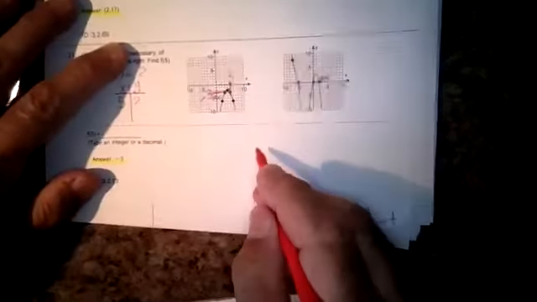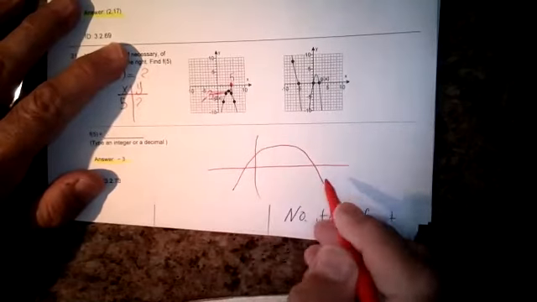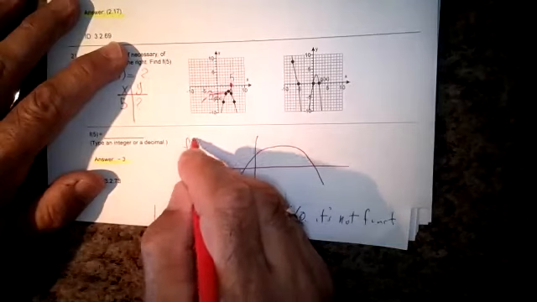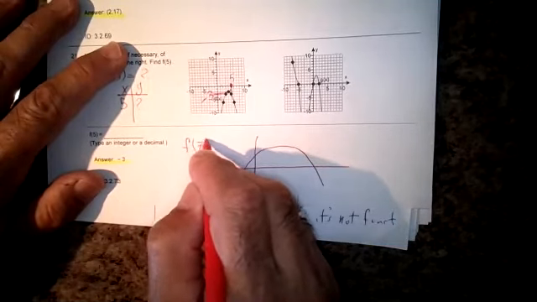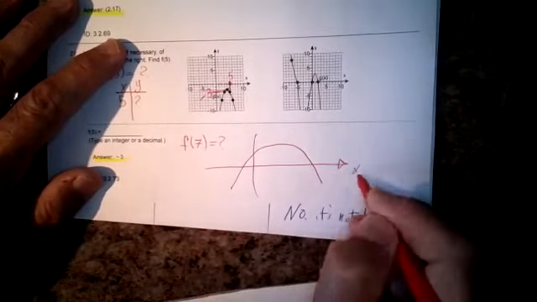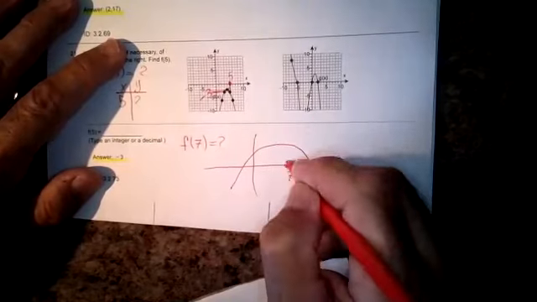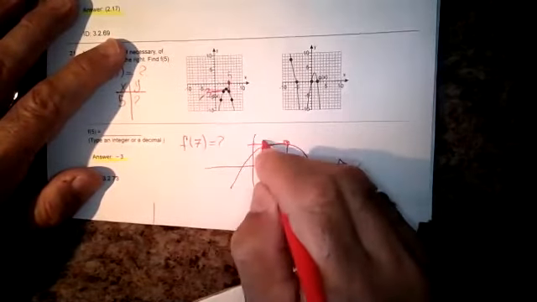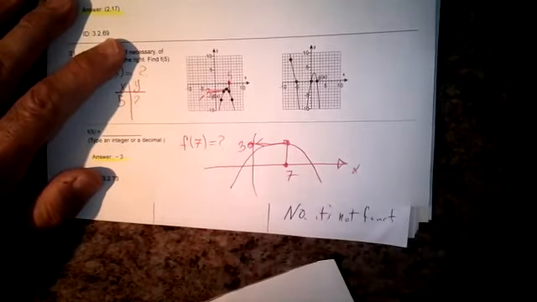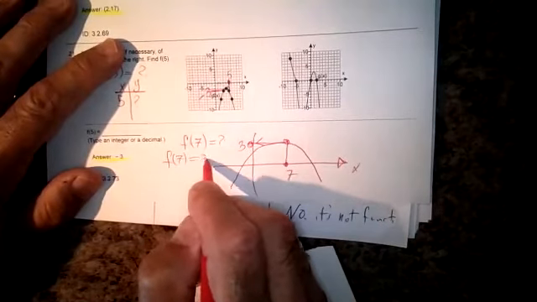Okay? For instance, let's say I have an equation like this, look. And they say, what is f of like 7, for instance, right? F of 7 means on the x-axis, find 7 on the x-axis. Go up and read your y. Let's say you read it is 3. Okay? So you say f of 7 is 3.